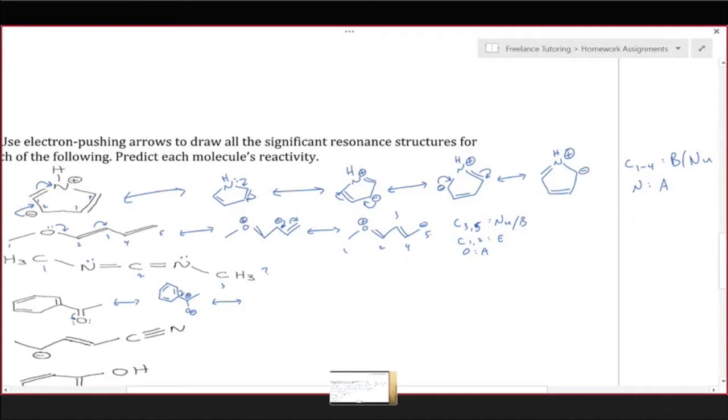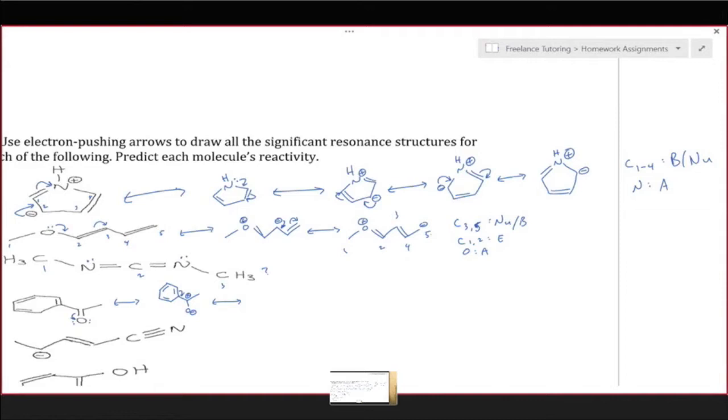That's a fair point. Maybe more so than carbon 2. I said carbon 2 could be electrophilic, but it seems less likely.